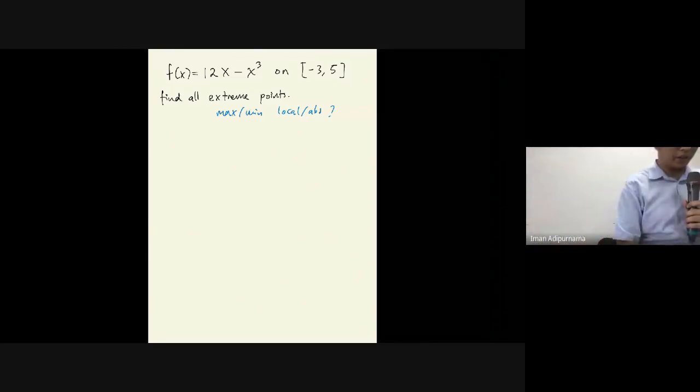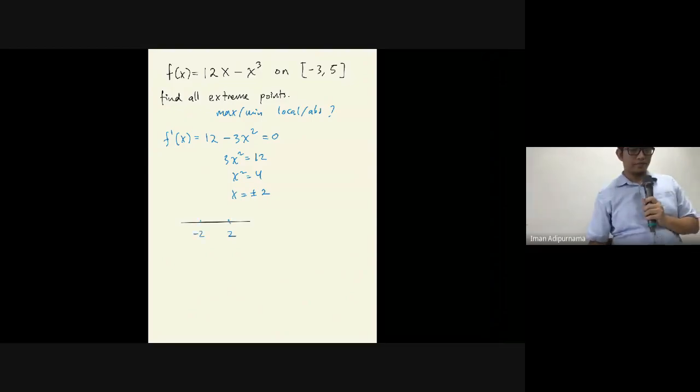Maybe you directly differentiate, because I think the function is quite easy. It's just a polynomial. Then set it equal to 0, and you get 3x squared is 12, x squared is 4. You get plus or minus 2, and then you check the points, checking -2, checking +2.